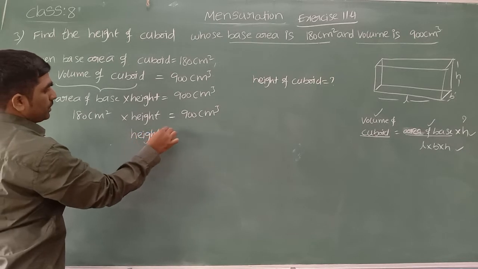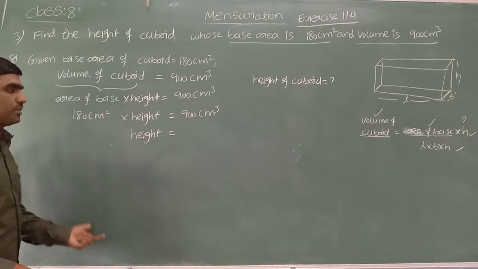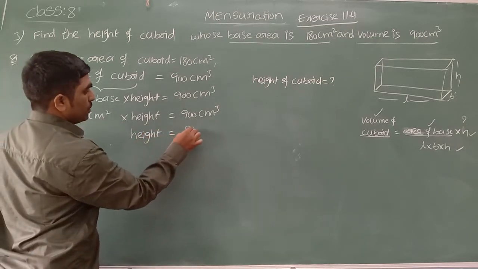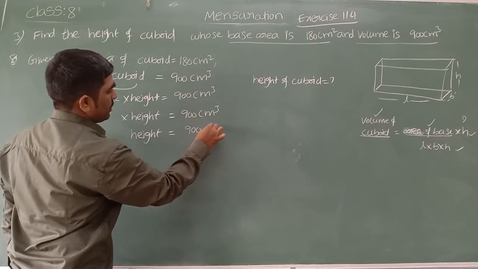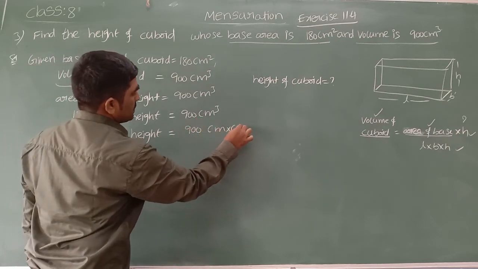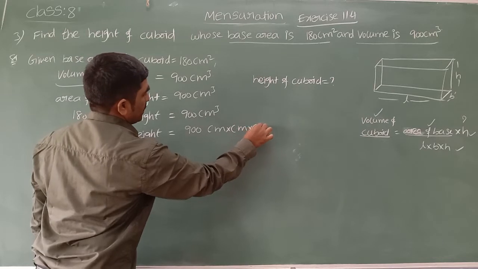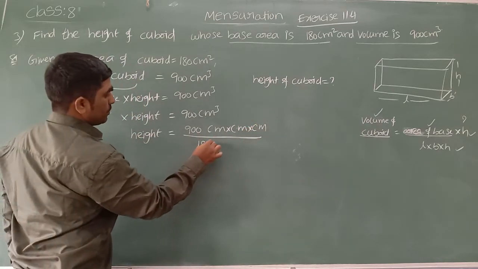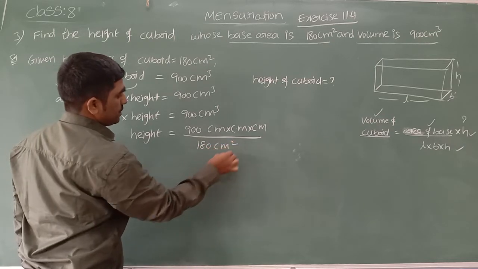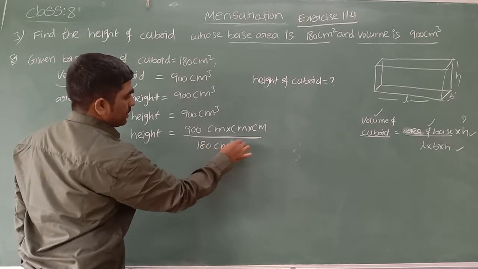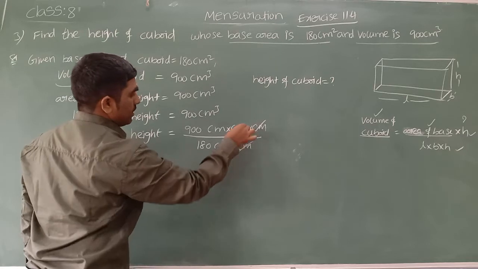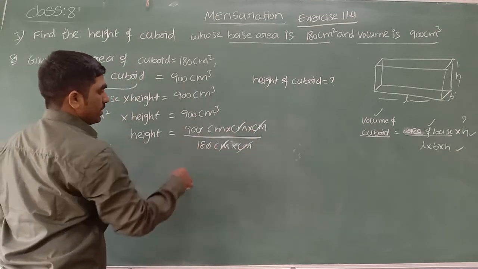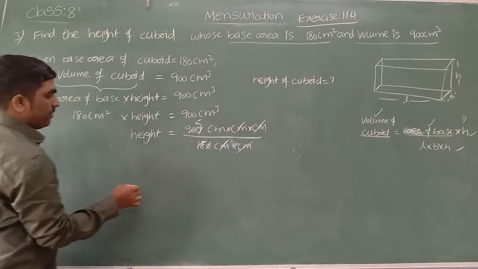Now here we have to find the height. So to know the height, transpose this to that side, it becomes a division. So 900 cubic centimeters, we can write centimeter into centimeter into centimeter, by 180 square centimeters. We write centimeter into centimeter. 1 centimeter cancels, 1 more cancels, 0 0 cancel. 18 1s are 18, 18 5s are 90.